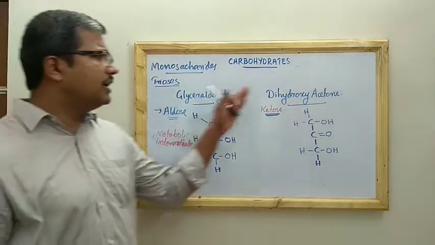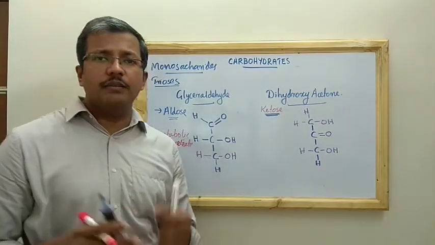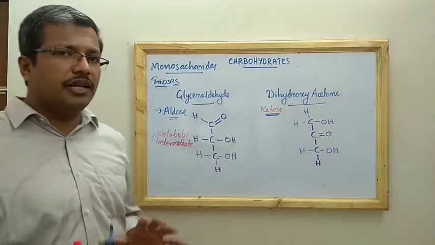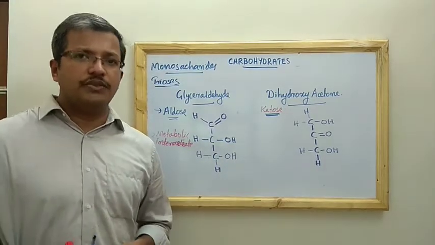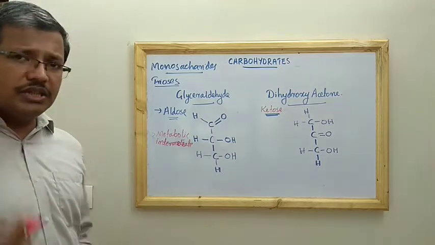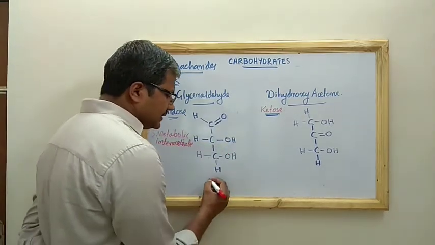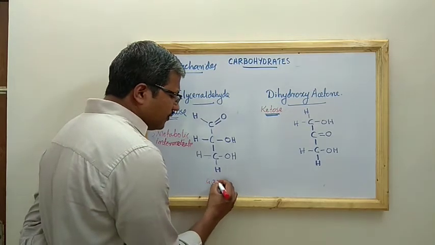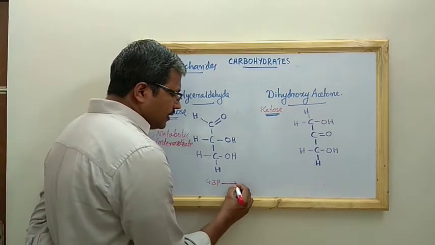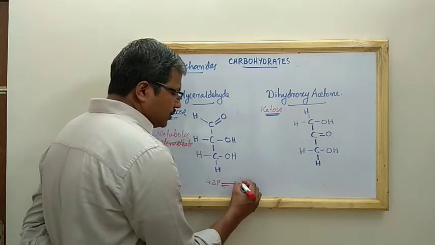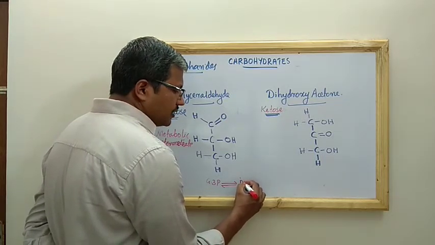So glyceraldehyde and dihydroxyacetone have a metabolic function. They play a role as metabolic intermediates in different metabolic reactions. For example, in glycolysis, glyceraldehyde 3-phosphate is converted or interconverted to dihydroxyacetone phosphate.